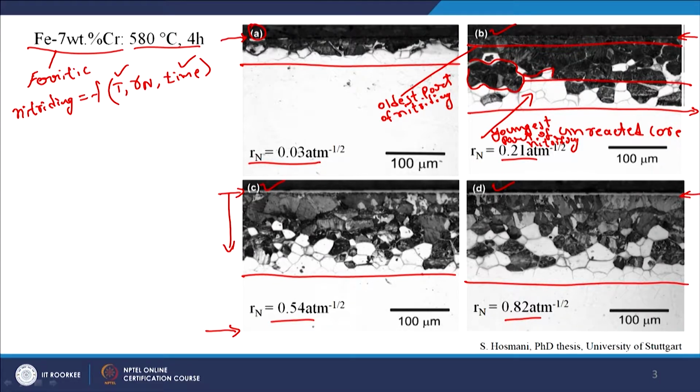Okay. So, now what it shows is that initially something is developing as a function of nitriding. That initial precipitation is what we call the continuous precipitation region.